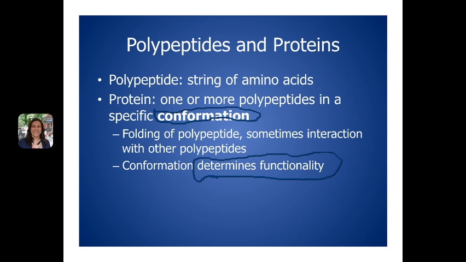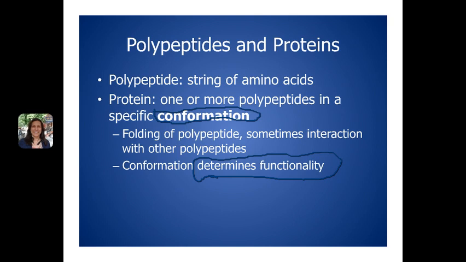You would stretch it out until all that's left of it is its primary structure, until it's just a polypeptide. And then you can run that polypeptide on a gel, and you can compare that with other polypeptides, and you can see how many amino acids are in the polypeptide, for example, by its size.